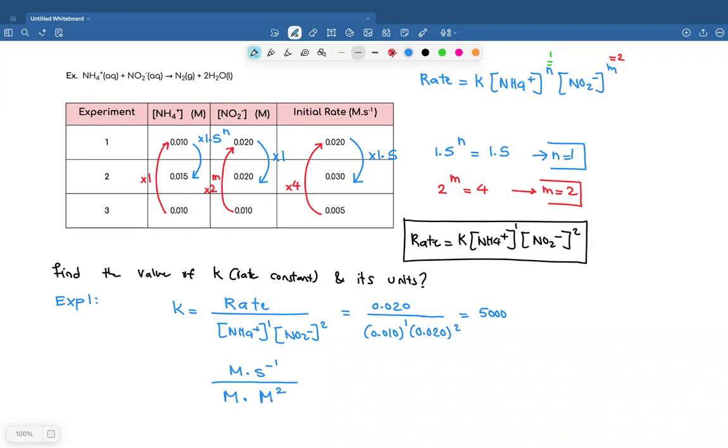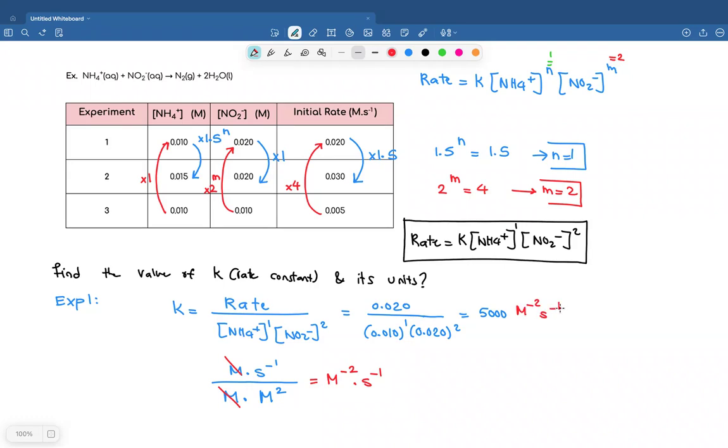After cancellations, one molarity cancels with molarity. Because molarity squared is in the denominator, I can bring it up and say it's molarity to the power of minus 2, and second to the power of minus 1 was already up. So this is the unit of the rate constant: molarity to the minus 2, second to the minus 1.